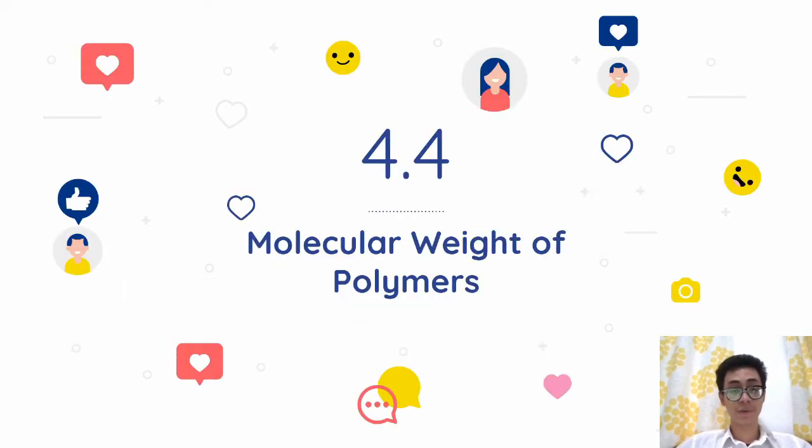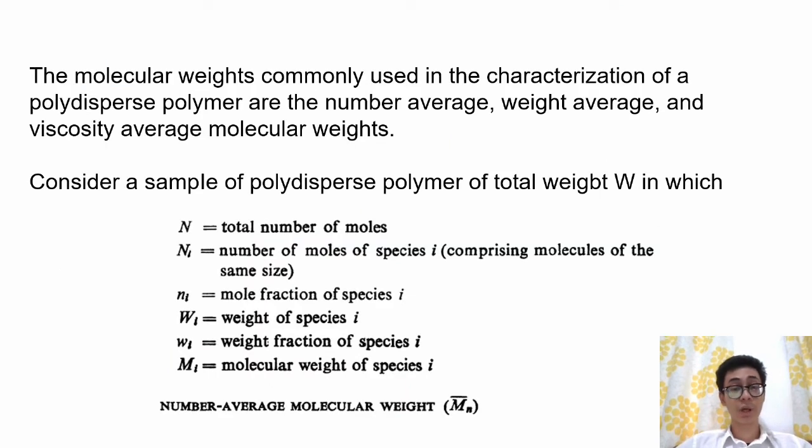The first one is 4.4 molecular weight of polymers. The molecular weights commonly used in the characterization of a polydispersed polymer are the number average, weight average, and viscosity average molecular weight.